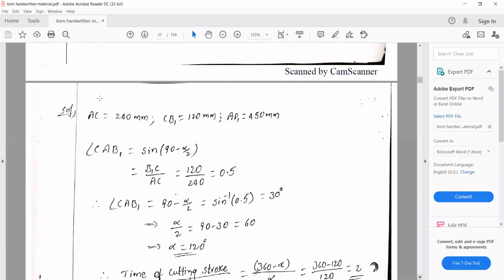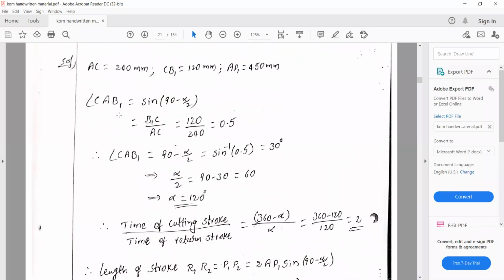Now we find the angle in triangle CAB1. It is sine of 90 minus alpha by 2.